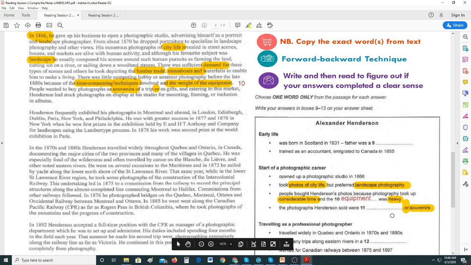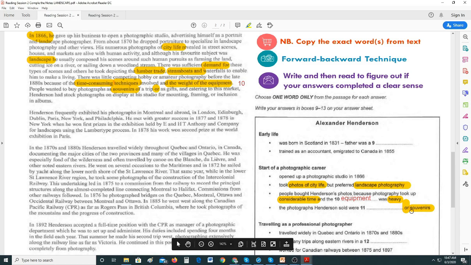So this can be just shifted. So that is called backward or forward technique, meaning that in the same sentence you can find the first answer before the second answer, or second answer before the first answer, or second keyword before the first keyword, or first keyword before the second keyword. That is called forward backward technique.